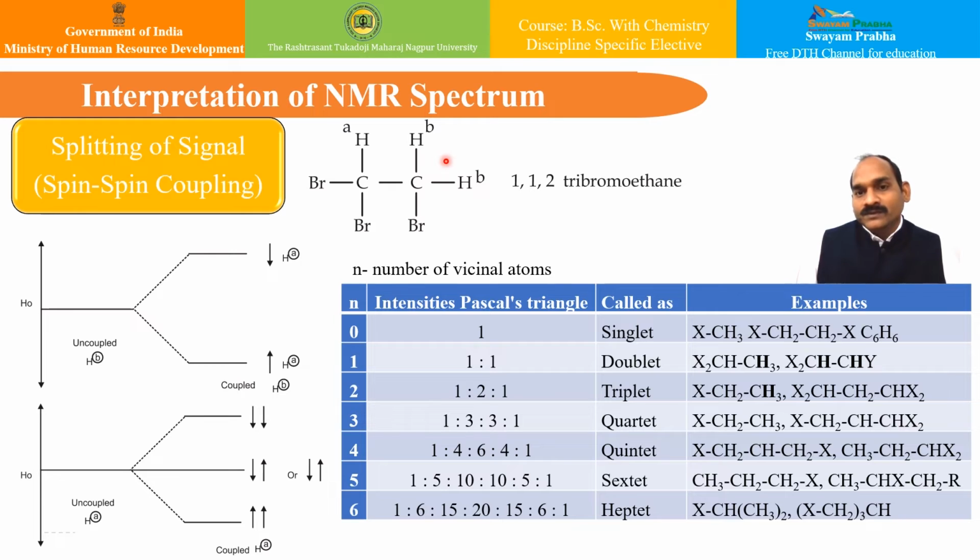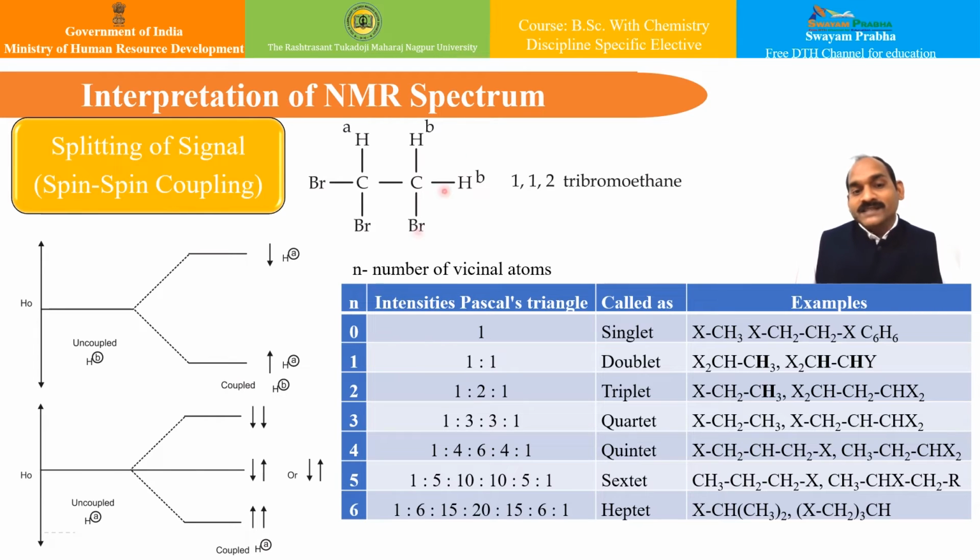The peak due to the B kind of environment can be split into a doublet because of this influence, and the single peak of the A kind of proton can be split into a triplet because of the effect of the 2 protons present in the B kind of environment. Therefore this peak is split into a triplet and that peak into a doublet, and the intensity of the split will be of the type 1:2:1.